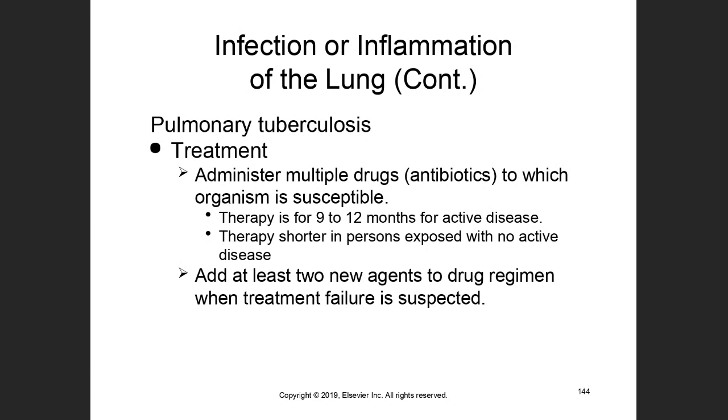If the PPD is positive, you do the X-ray. There are 3 tests: PPD, X-ray, and another test. If you have PPD positive, you do prophylactic. If you have X-ray positive, you do prophylactic. And if you have the last test positive, then you do the active treatment with 4 drugs for 9 months.